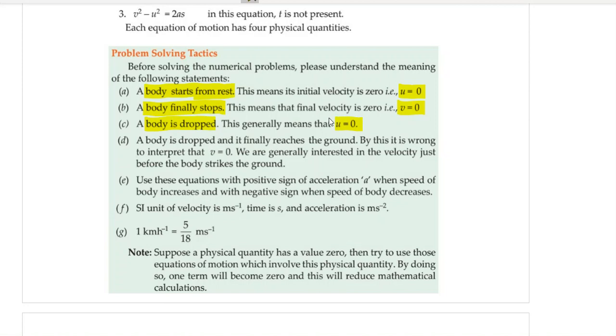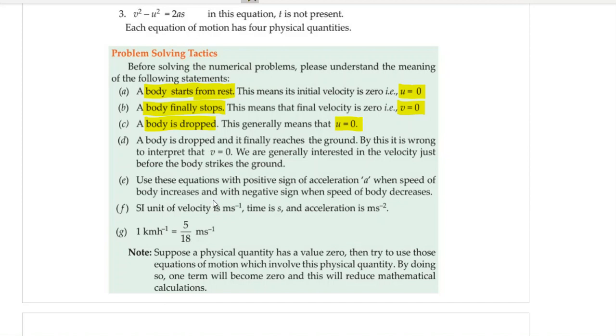A body is dropped and finally reaches ground. By this, it is wrong to interpret that v is 0. We are generally interested in the velocity just before the body strikes the ground. So final velocity does not become 0 when the body reaches the ground. When the body reaches the ground, the final velocity is maximum.